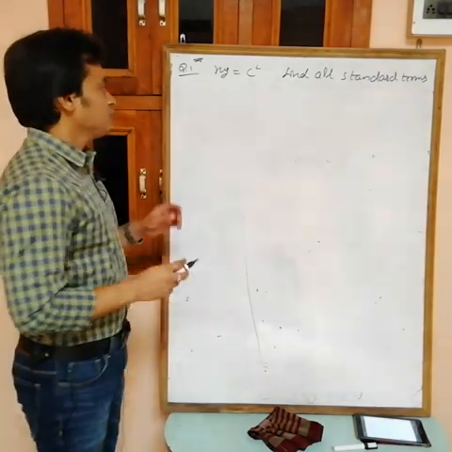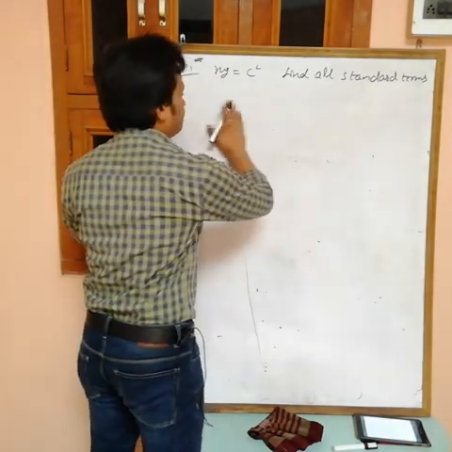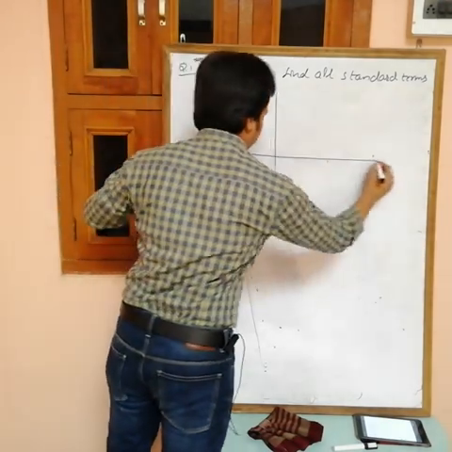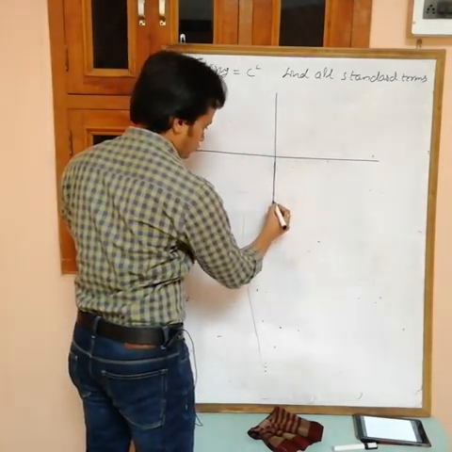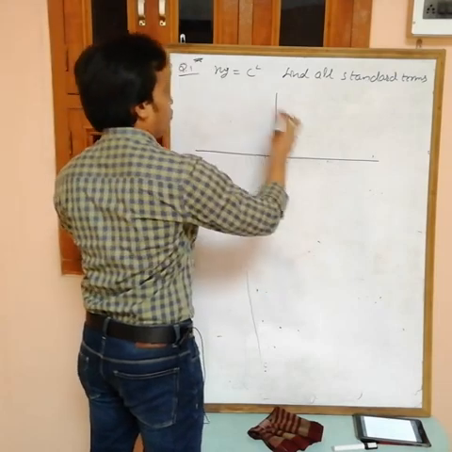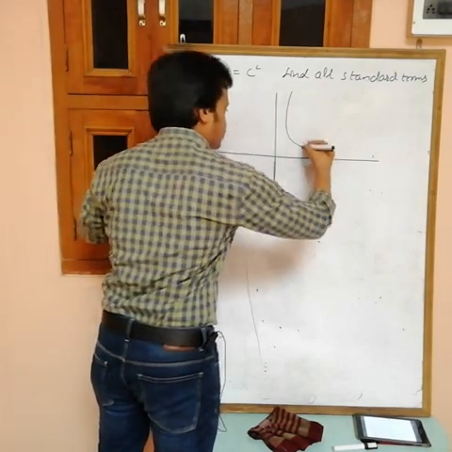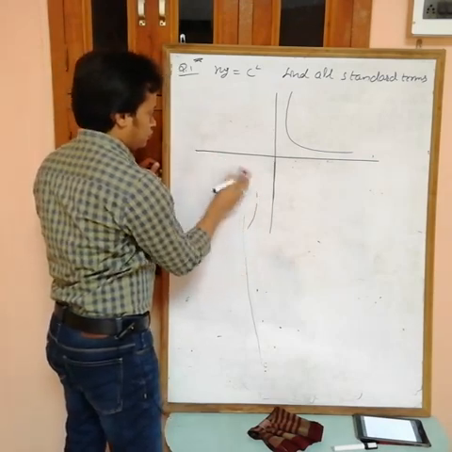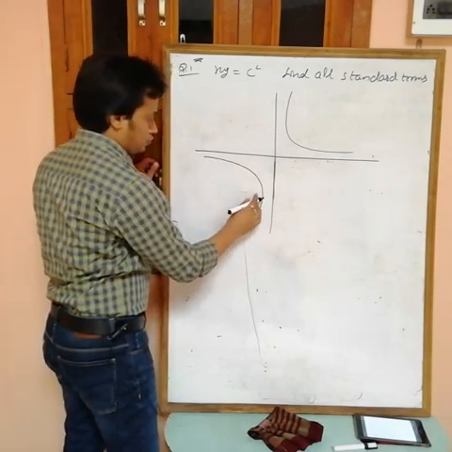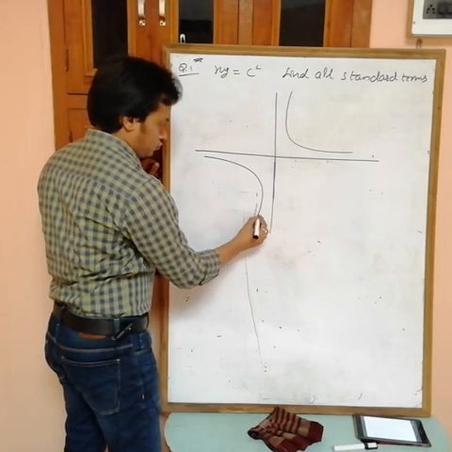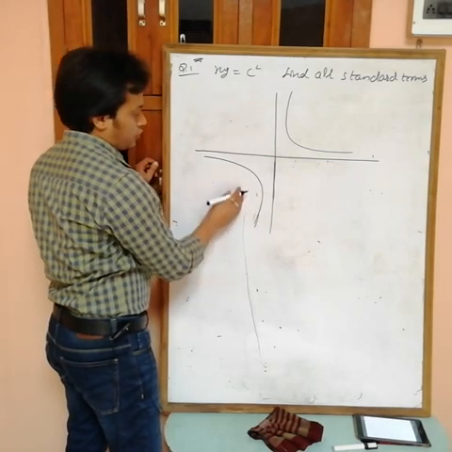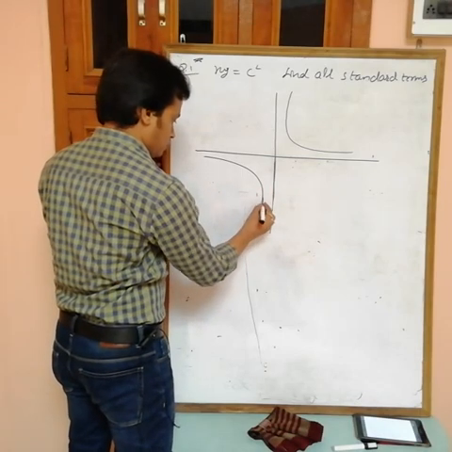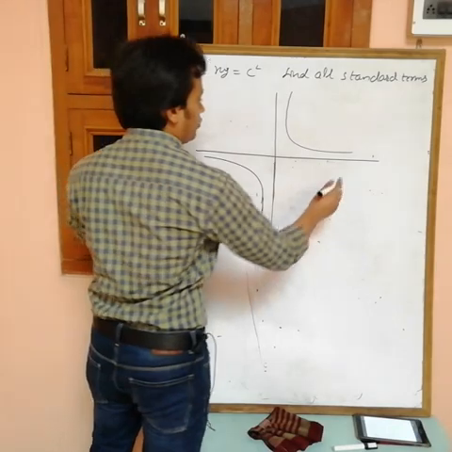And now see how to find. First, xy equals c square. So this is the hyperbola.